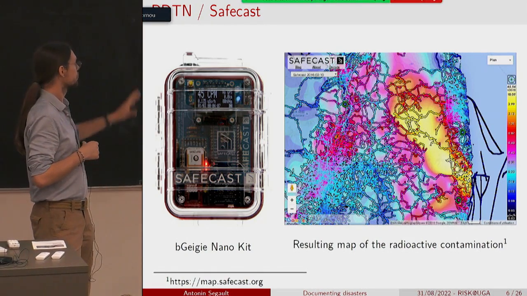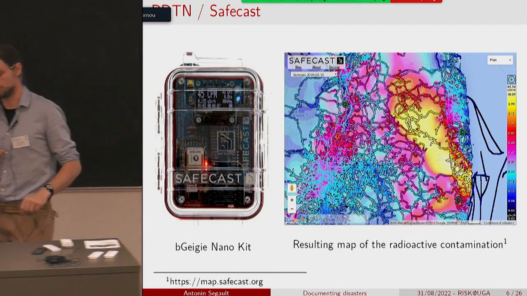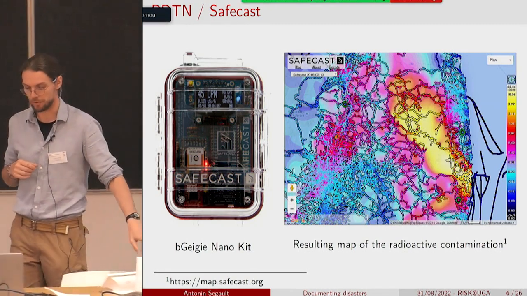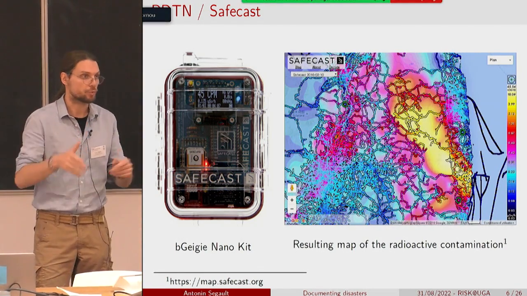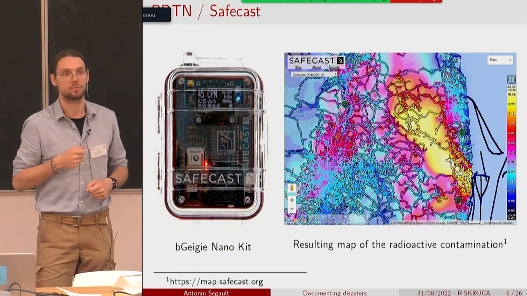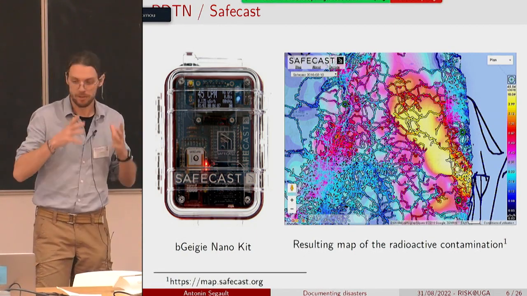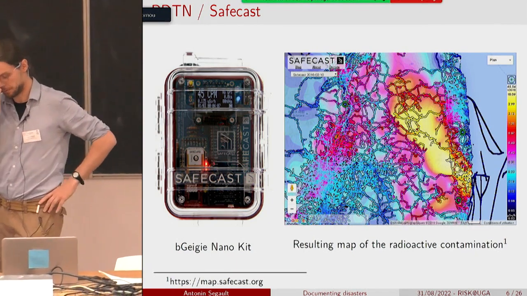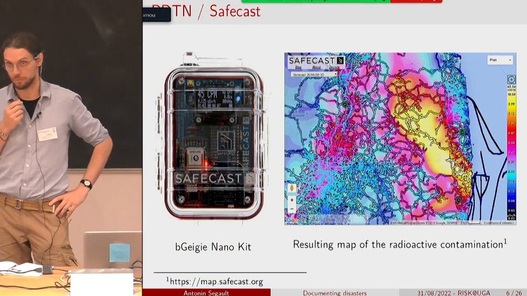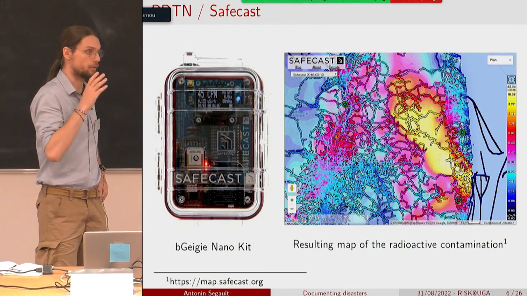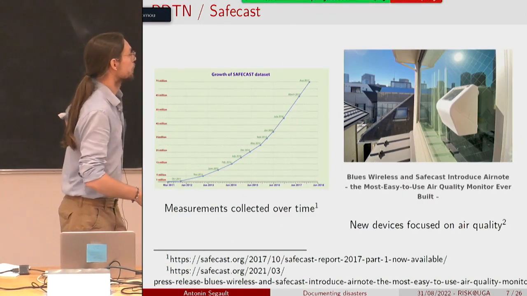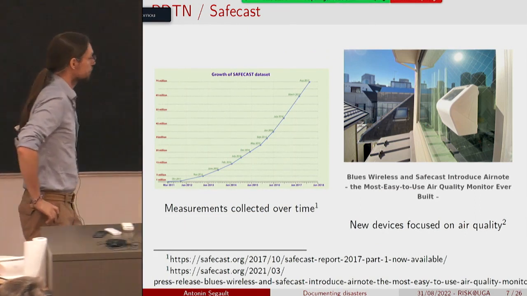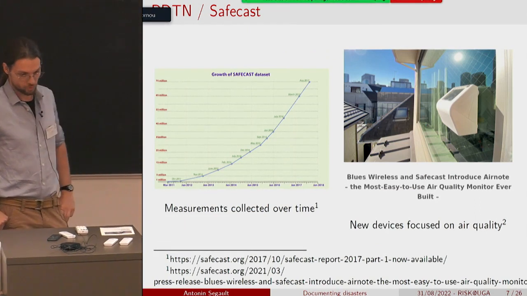So they built, I think in the end, a few hundred of those Geiger counter, and they collected data by walking around in the street, by tying those devices to cars, to bikes, and they managed to have a very precise map of the radioactive contamination, something more precise than what the government could do at that time. So they are still collecting, a bit less now, but still.